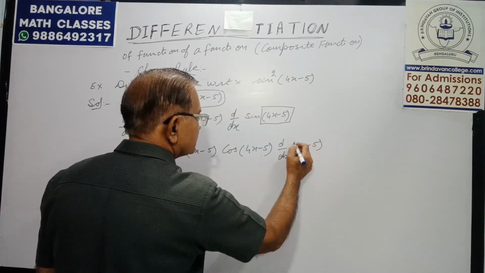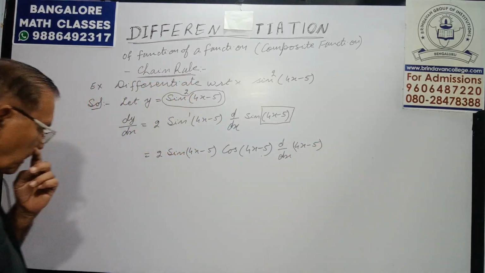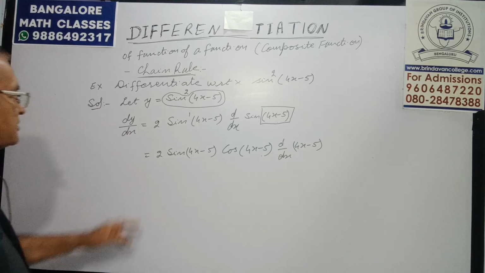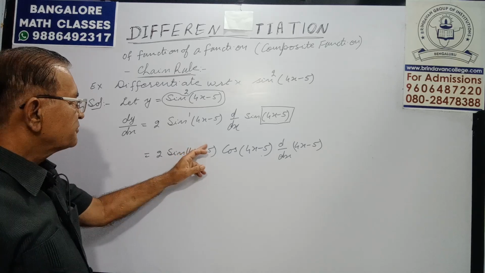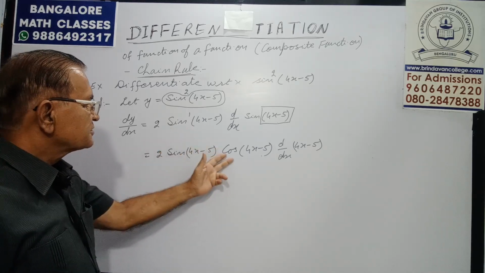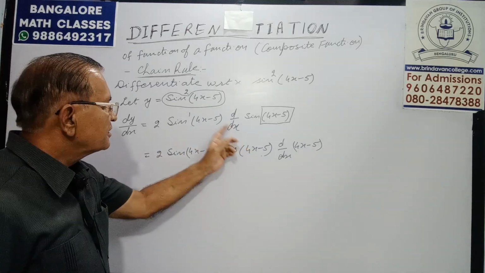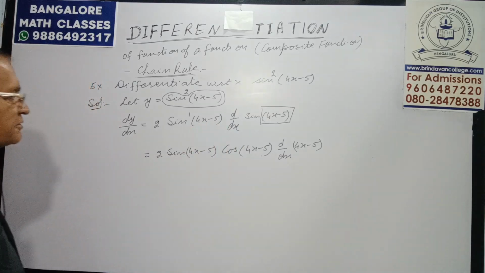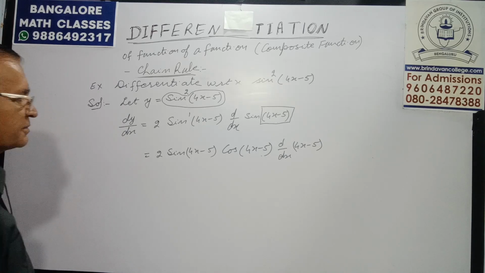If you go with substitution, you have to go twice. So instead of learning that method, learn this method. Take out power, subtract 1 from the power, d dx without power, then again it is not x, so d dx of 4x minus 5. So like that you have to solve it.